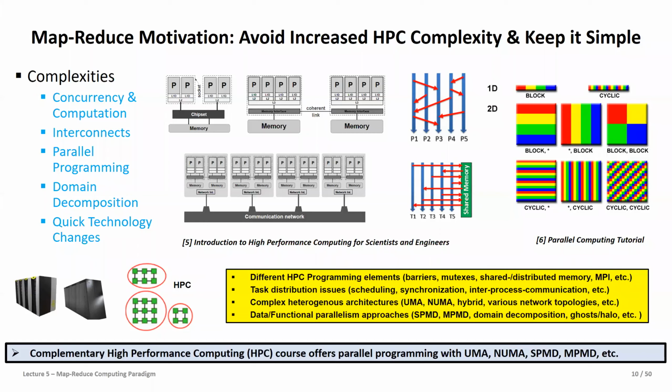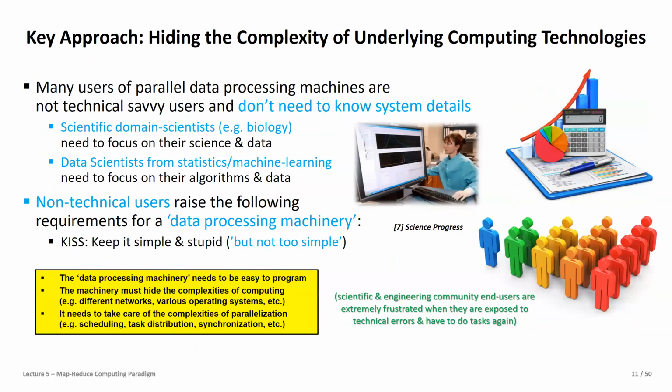And the idea was then, and that's why Google created it, to have this kind of KISS principle, keep it simple and stupid. Of course, not too simple. We're still talking about distributed computing, still about lots of computing power with storage and data, but it should also scale and handle problems and failures, as we discussed as well.